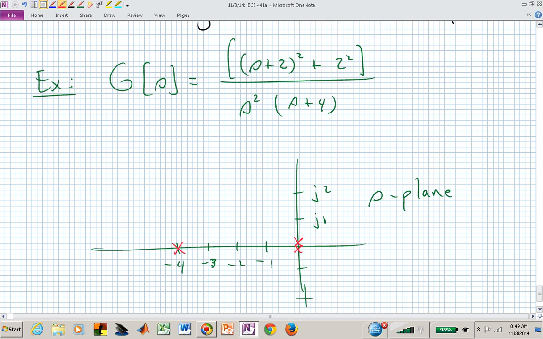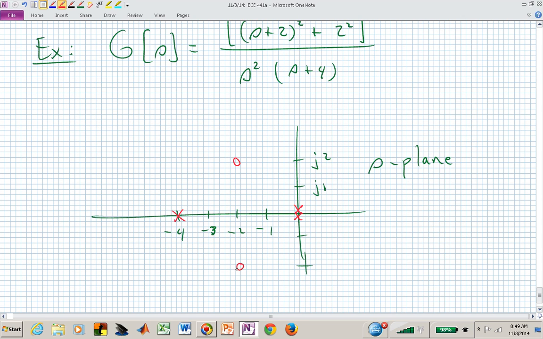Where are my zeros? That factored polynomial in the numerator, I've intentionally written that way. That gives me zeros at minus 2 plus j2 and minus 2 minus j2.